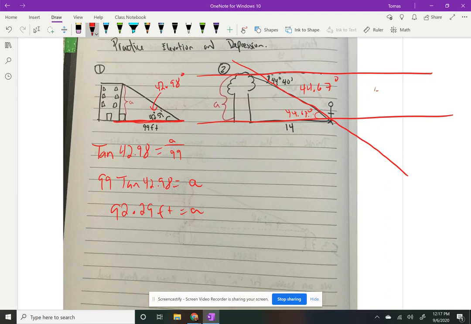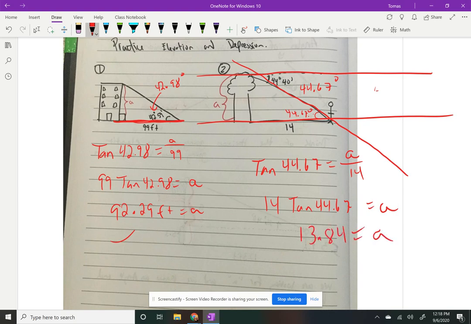And now this just becomes a problem like number one. We get tan of 44.67 equals opposite over adjacent. So we get 14 times tan of 44.67 equals A. And we get roughly 13.84.